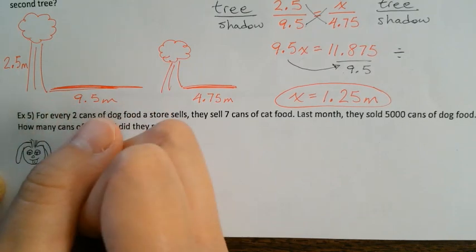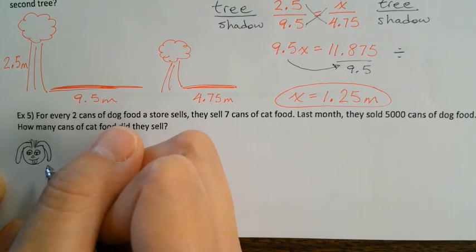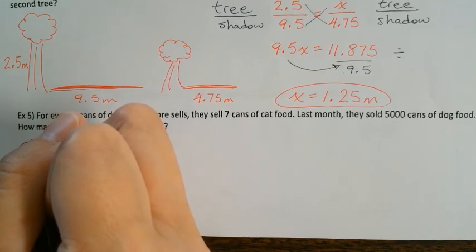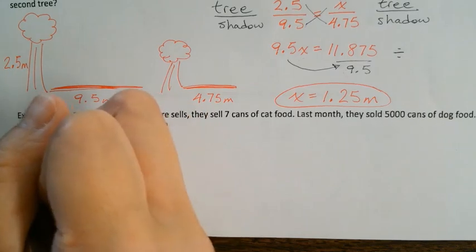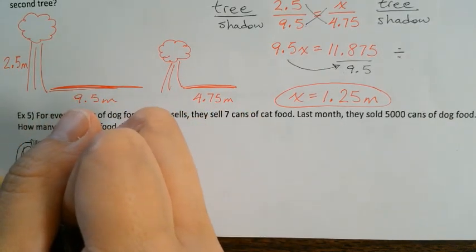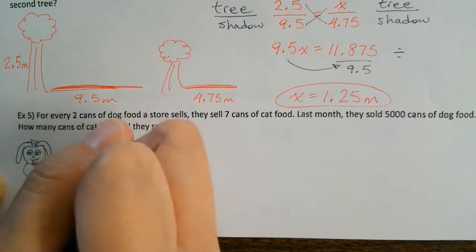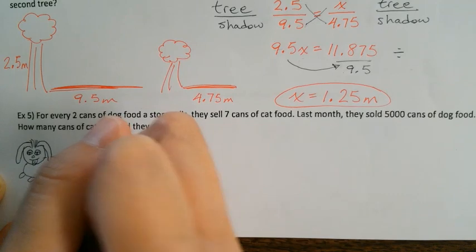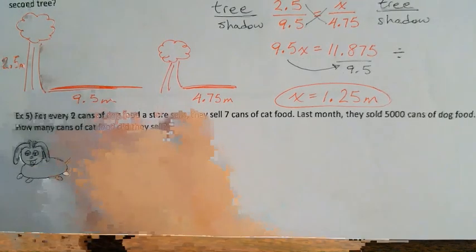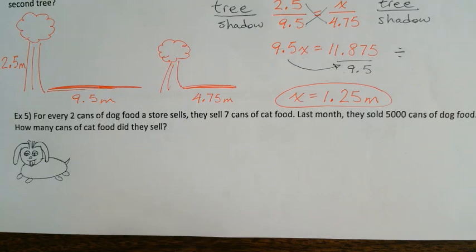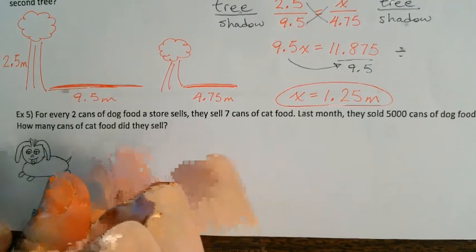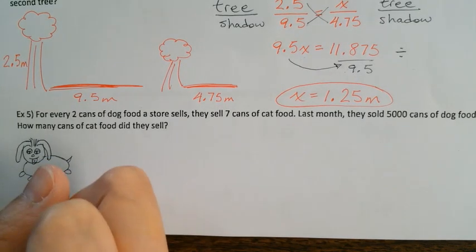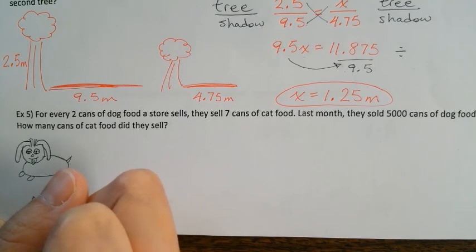That's a horrible dog. What am I missing here? Let me try my luck with a cat. Okay, cats I think are better. I think I'm better at drawing cats.